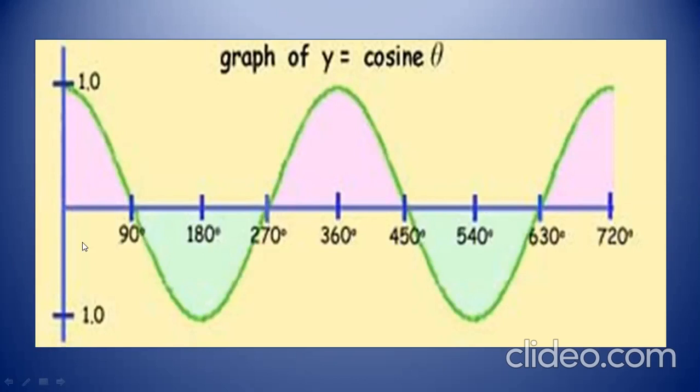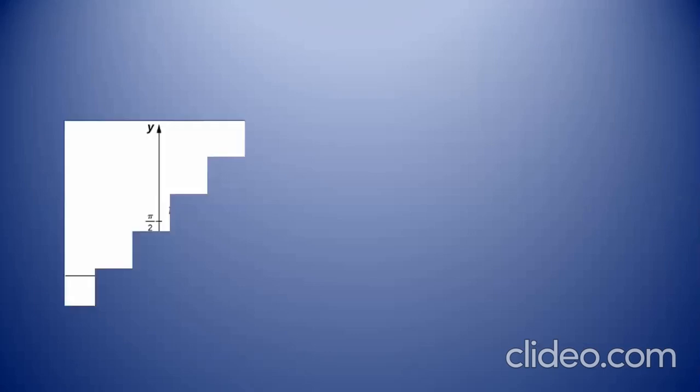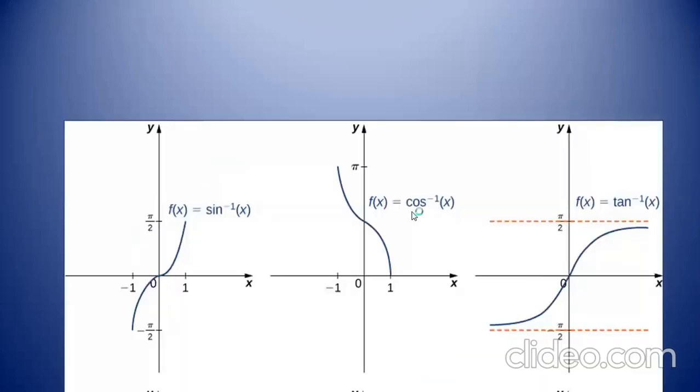So if the domain is from 0 to pi and the range is minus 1 to 1, cos theta becomes a one-one and onto function. So we can easily draw the inverse of cos. For the function y is equal to cos inverse x, the domain becomes minus 1 to 1 and the range is from 0 to pi.